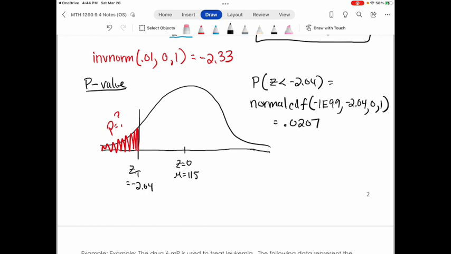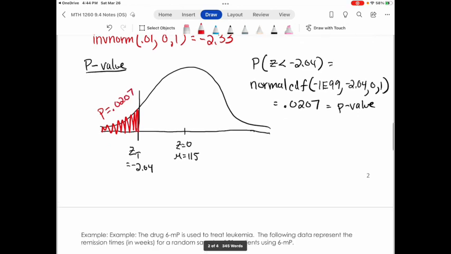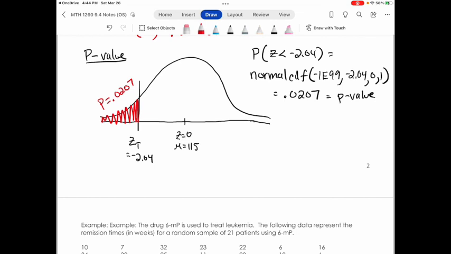Okay, when we put that in on the calculator, we're going to find that that probability is 0.0207. So this is our p-value. And that represents this shaded area over here, the probability of getting less than negative 2.04.